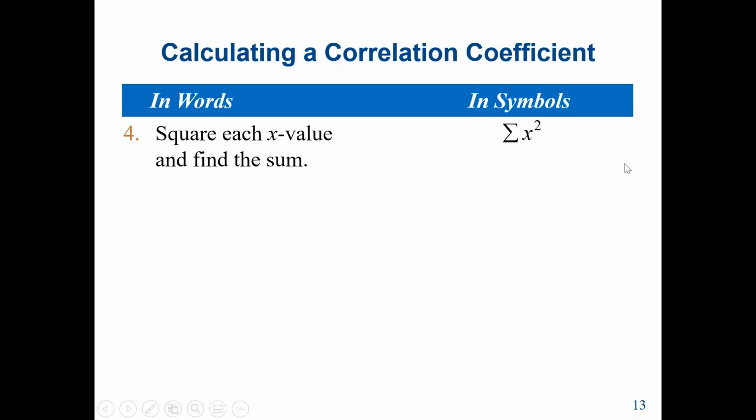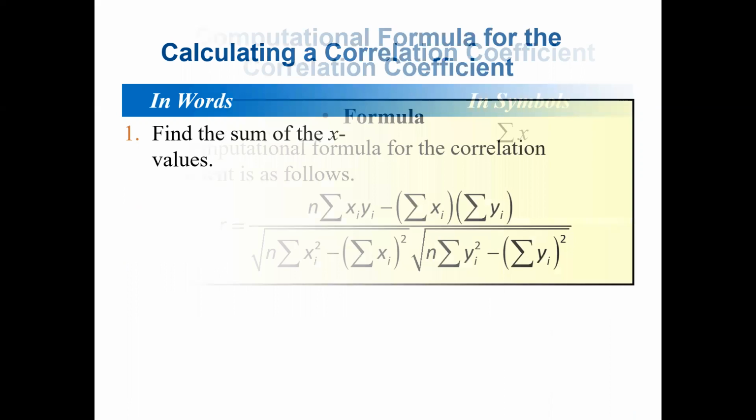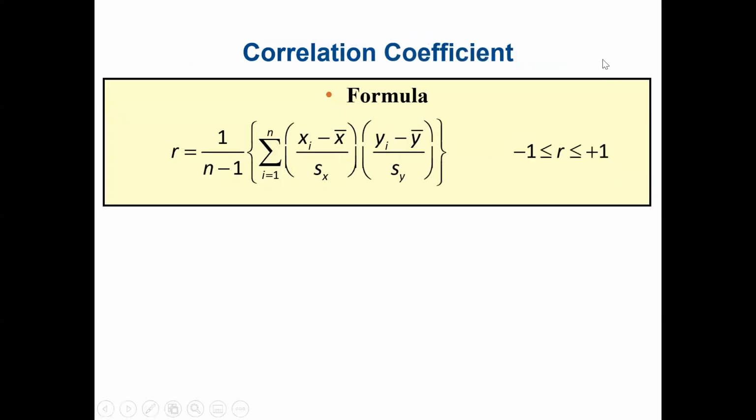Now, for the first formula, again, we are going to find the z value for each one. So I'll take the first value and find the z value of it, which means first I'll find the mean of x and the mean of y. Subtract the mean of x from the x values and divide by the standard deviation, which means we need to find the standard deviation also. So to use this formula, the first thing we need to do is find the mean and the standard deviation for both x and y values.